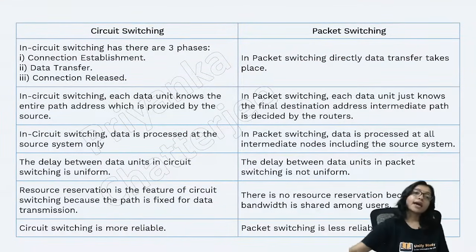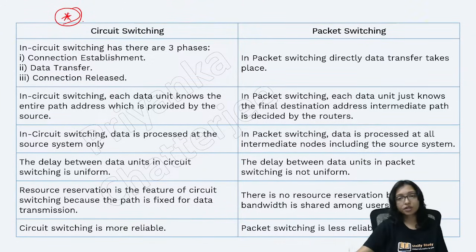Okay, so here is another last one that is important: circuit switching and packet switching. Theoretical questions are coming from here. Circuit switching has three phases: connection establishment, data transfer, connection release. In packet switching, directly data transfer takes place.